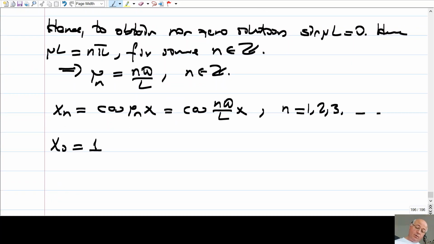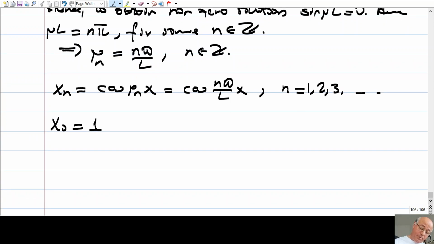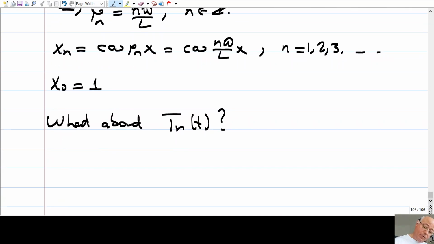And what about T_n? What about T? Well, the equation was T prime plus alpha squared lambda T equals 0.